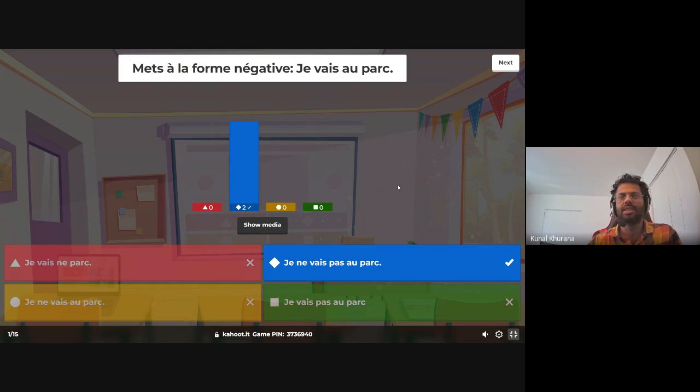Très bien. Je ne vais pas au parc. Mais lorsqu'on parle, on va dire je vais pas au parc. Mais lorsqu'on écrit, je ne vais pas au parc.